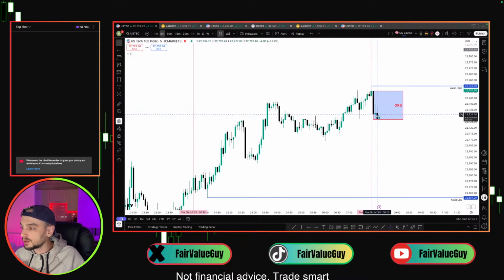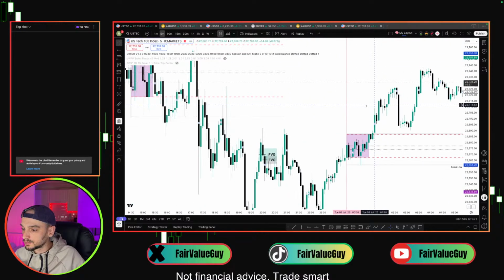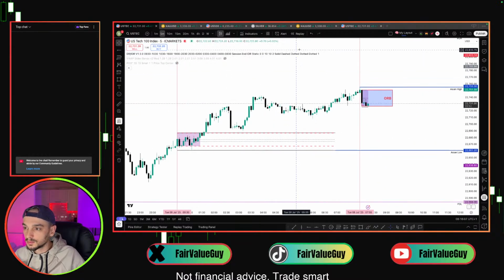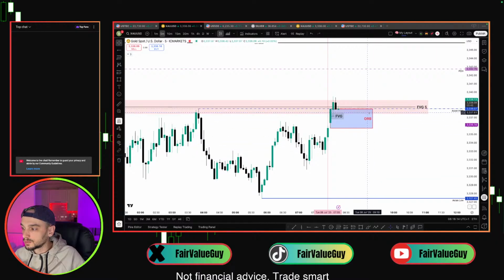Okay, we have the 15-minute ORB, 3 candles on 5 minutes. This will give us a better view. This is the big picture of the 15 minutes of today's session. We're gonna see it coming back down.